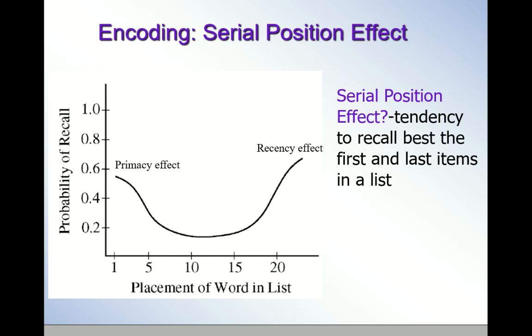It turns out that if I gave you a list of 10 things to remember at the store, you're more likely to forget the middle items, but you are likelier to remember the items at the beginning of the list, primacy effect, primo, primacy, premier, and then recency effect are the last items on the list.